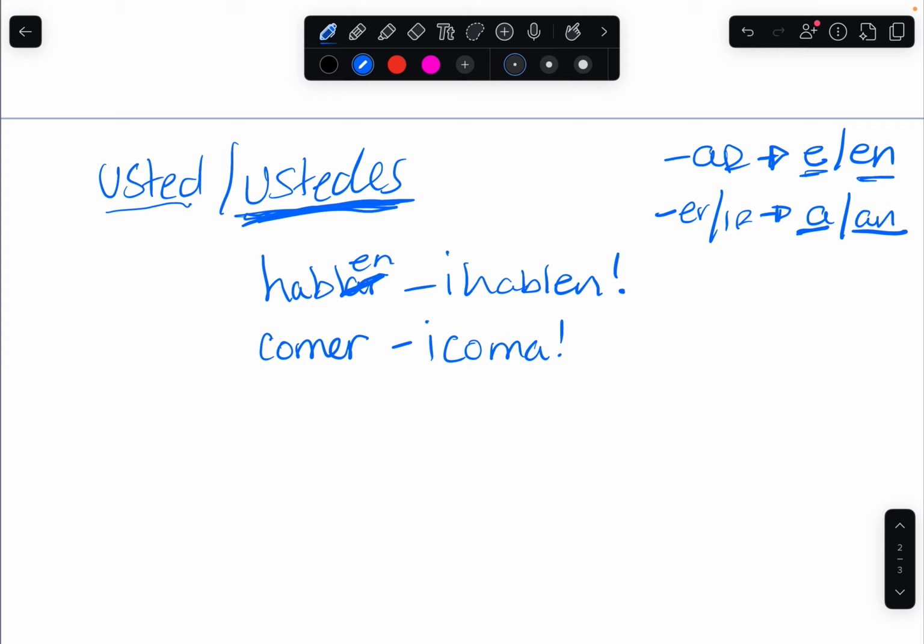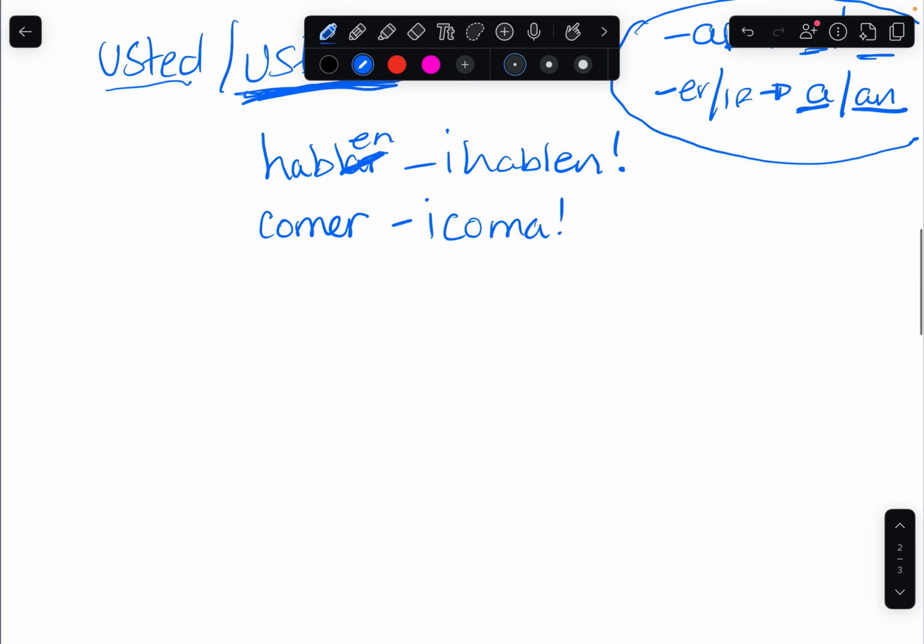So in your oral presentation, when you are doing formal commands, you have to make sure that you follow this format for whenever you are doing a recipe. So you can have something like, primero abra el pan.